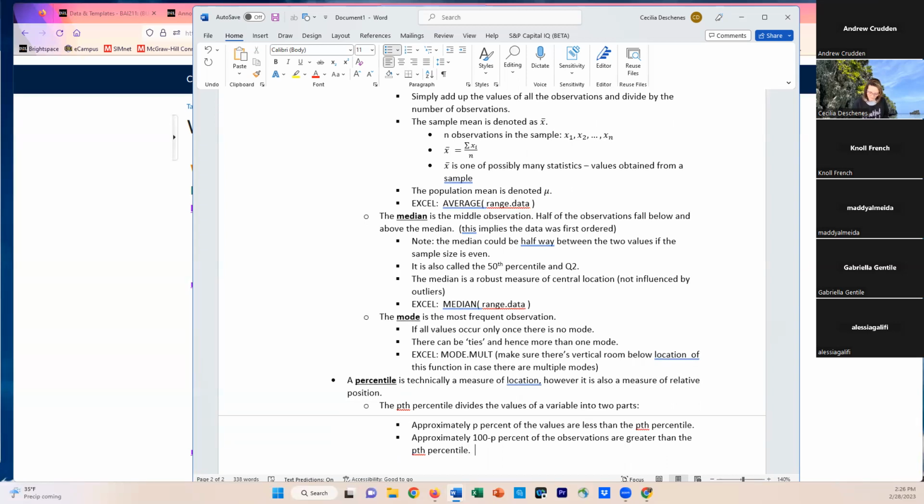All right, so we know this. And I already reminded you that the value where this happens is the quantile.